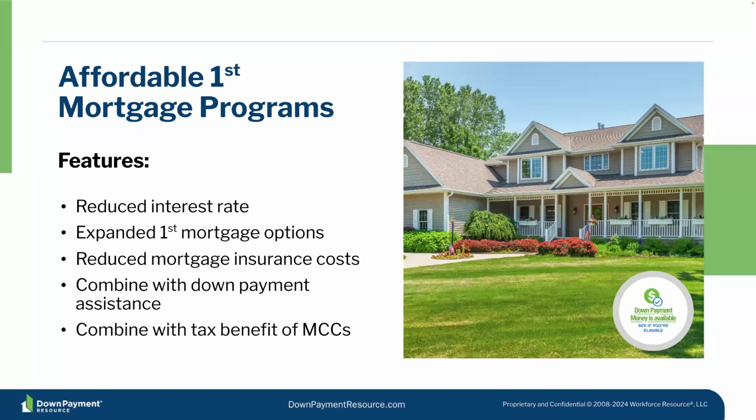For example, Fannie Mae's HFA Preferred and Freddie Mac's HFA Advantage offer reduced mortgage insurance below a standard conventional product, all with a higher LTV. And you can typically combine these affordable first mortgage products with down payment assistance and or tax credits from those housing finance agencies.